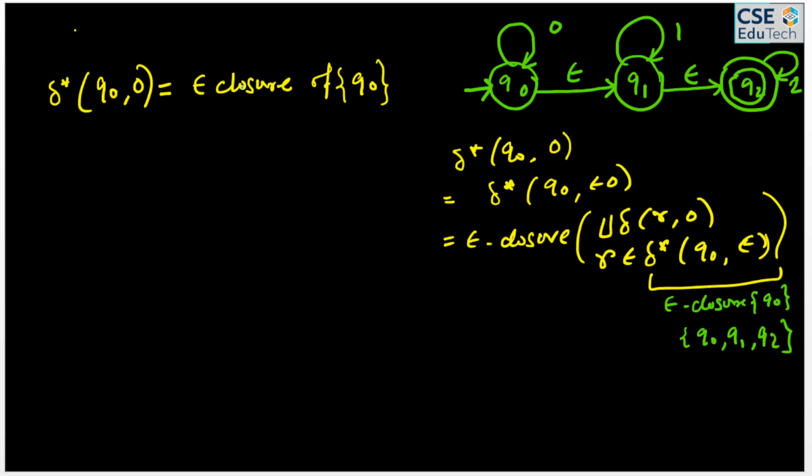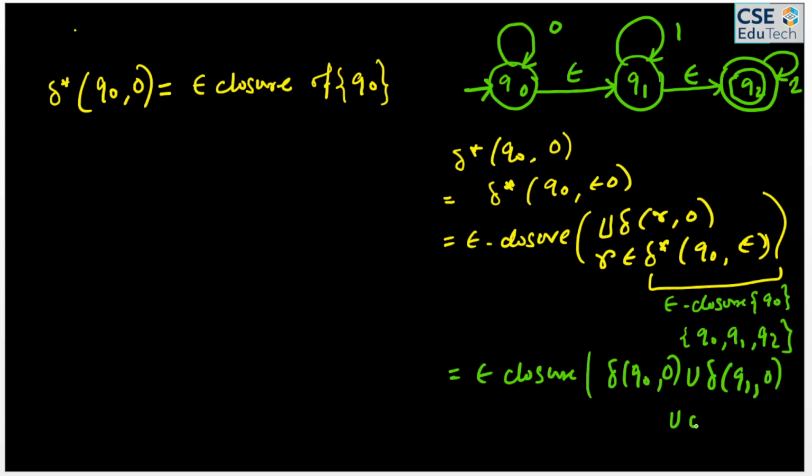After doing this, we further do some steps. Closure. So we can write delta Q naught comma 0 union delta Q1 comma 0 union delta Q2 comma 0.